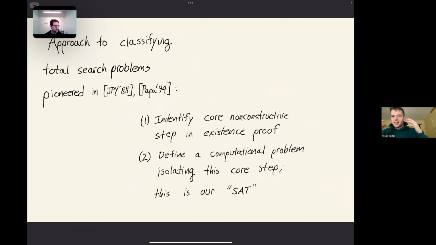These phenomena of total search problems have been encountered and studied a bunch before. And typically they present some difficulty in defining interesting complexity classes and classifying problems.